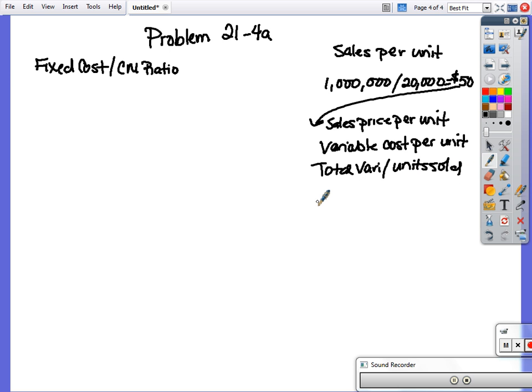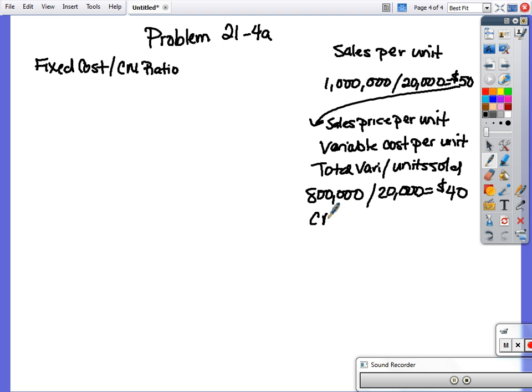What's the total variable cost? 800,000. 800,000 divided by 20,000, which gives us $40. Can we now go to contribution margin per unit?